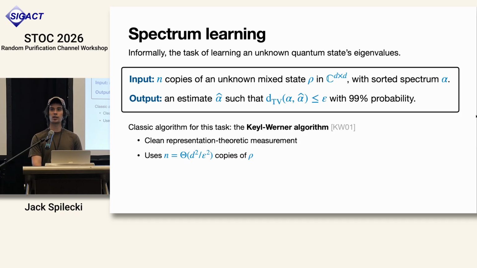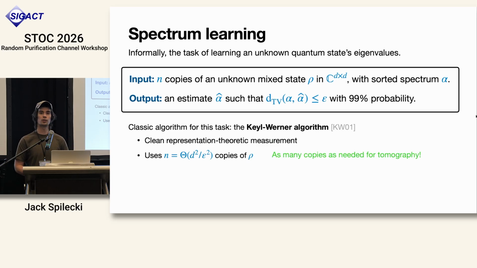And what's interesting about the sample complexity is that it's already as many copies as needed to learn the state in trace distance. And if you learn the state in trace distance, you've learned not only the spectrum well, but also the eigenvectors well.